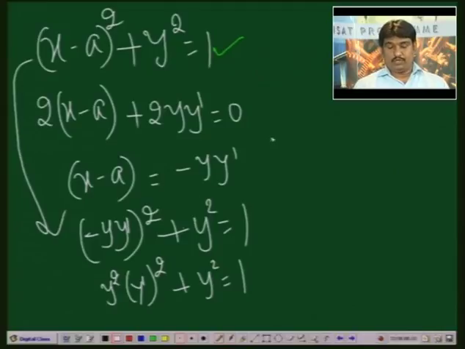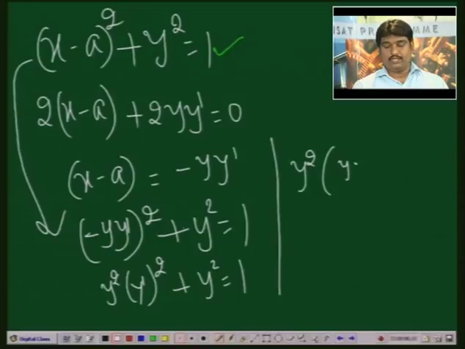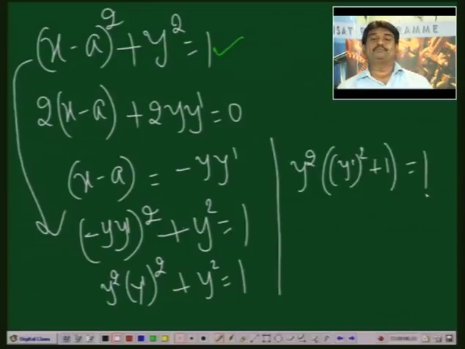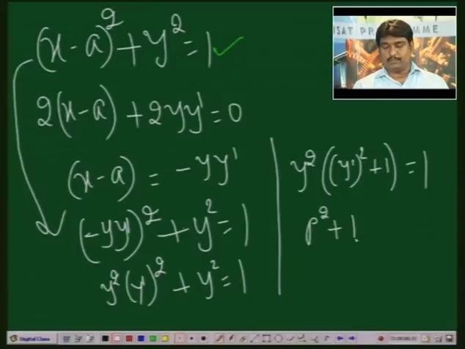I'll take y squared common. Then it is y dash whole squared plus 1 equals 1 by y squared. Now what is this? Divide by y squared, y dash is p, it is p squared plus 1 equals 1 by y squared.